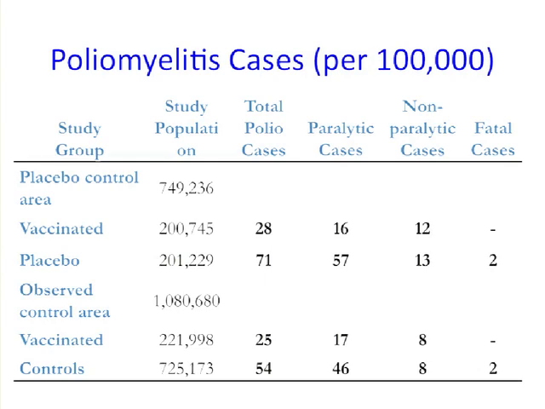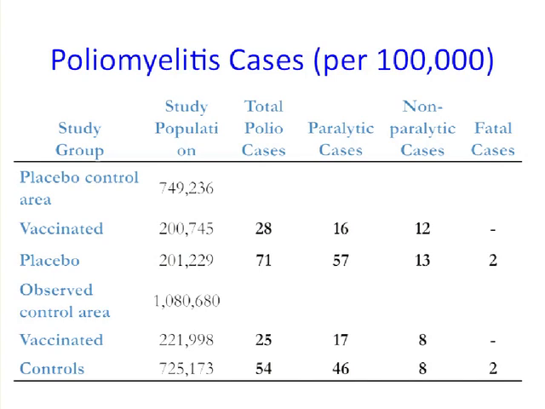Of the placebo group, there were 71 cases of polio per 100,000 children. Then of the observed control group, meaning the first and third graders were the controls, and the second grade consenters received the treatment, we had about 1 million children in this area. 221,000, or nearly 222,000, received the vaccine, and there were 25 cases per 100,000, versus the control had 54 cases per 100,000 children.